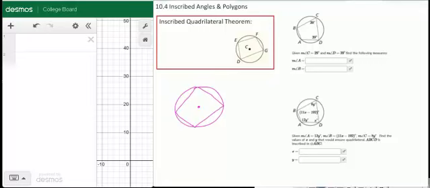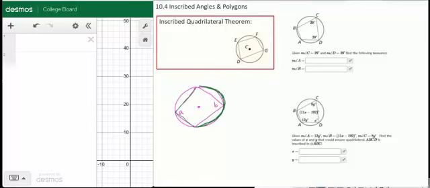If we look at, let's say, this measure and this measure, if we're trying to compare these two opposite angles, well, if angle A intercepts this arc right here, in terms of A, what does that make this arc equivalent to?